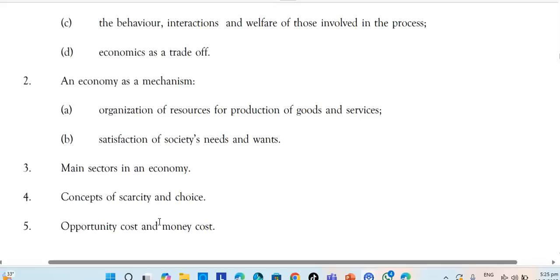They show us, and also the country, that we must make decisions about what to produce, how to produce, and for whom to produce.